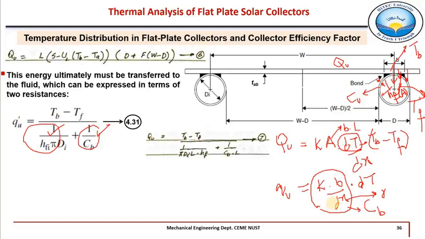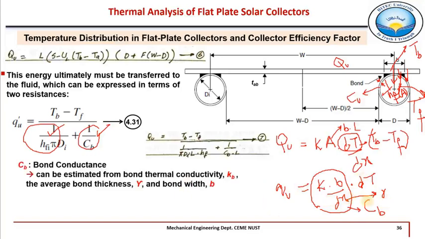Actually length is also there. Right. And this dx is actually the bond thickness, which is represented by gamma. So Cb is equal to Kb b over gamma. So I have explained it in detail. What is Cb? Bond conductance, right?